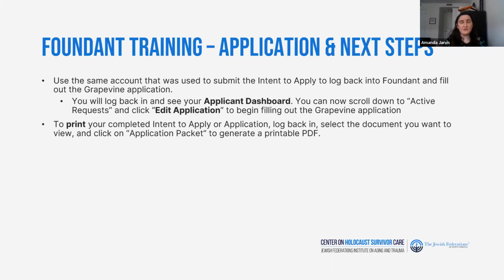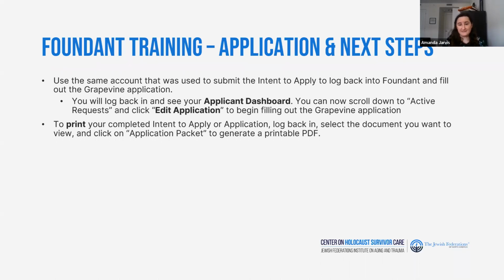So once you've submitted the intent to apply, if it is marked eligible and you are moved to the next step of this application, you're going to use the same account, the same email address and password that you set up for your intent to apply. You're going to log back into Foundant and see your applicant dashboard. You'll scroll down to active requests and click edit application to begin filling out the Grapevine application.